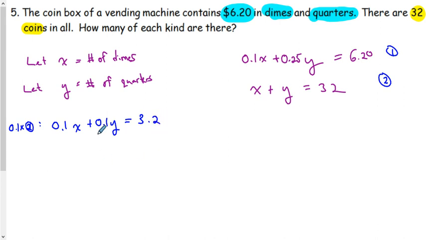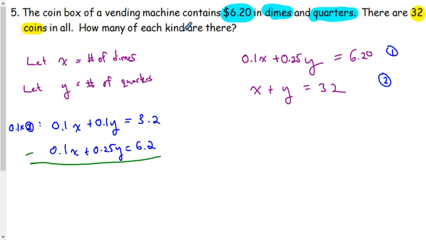Okay, now what's my other equation? Equation 1 was 0.1x plus 0.25y equals 620. We can just write that as 6.2. Okay, now what am I going to do with these? If I add them together, none of my variables will go away. So let's subtract them.